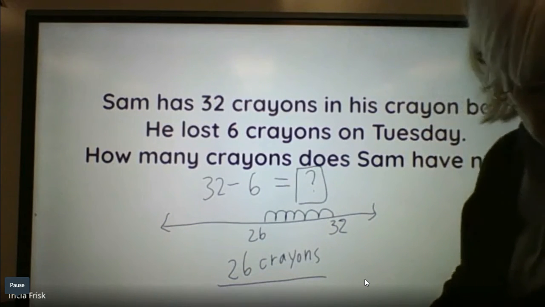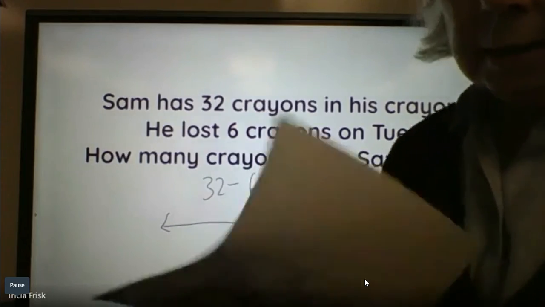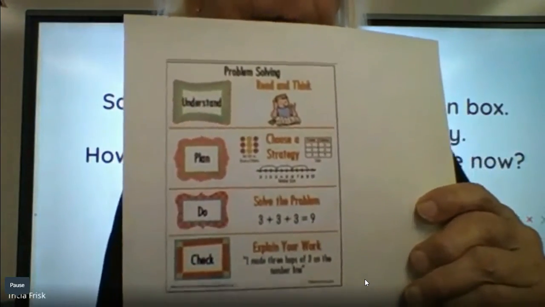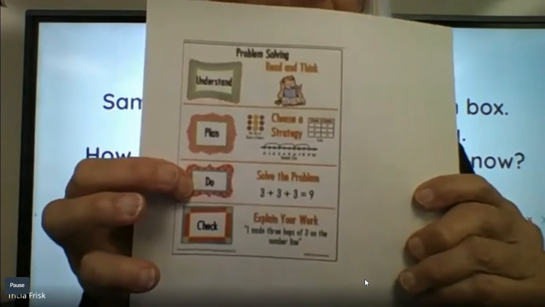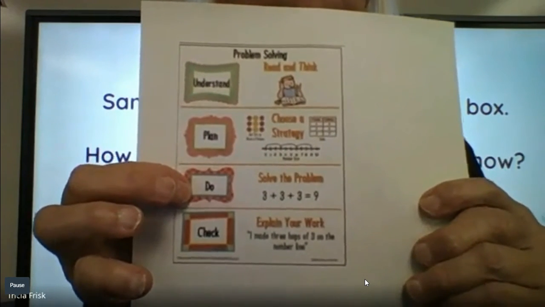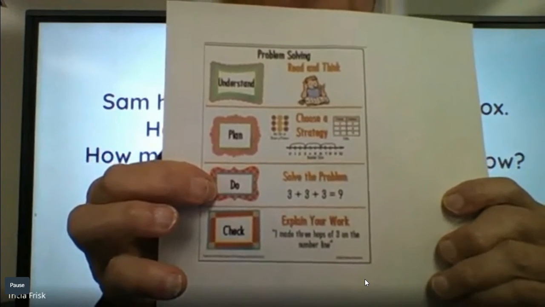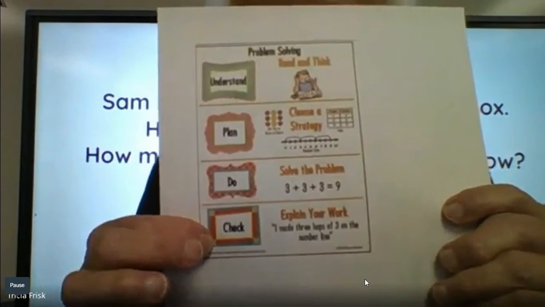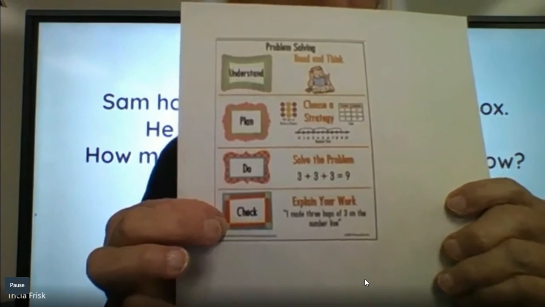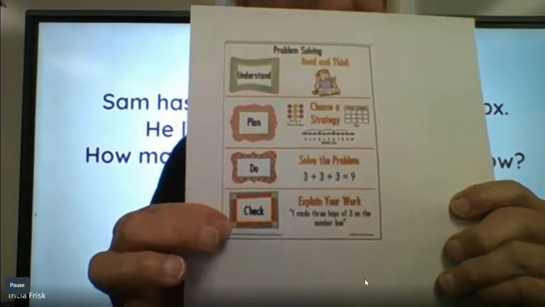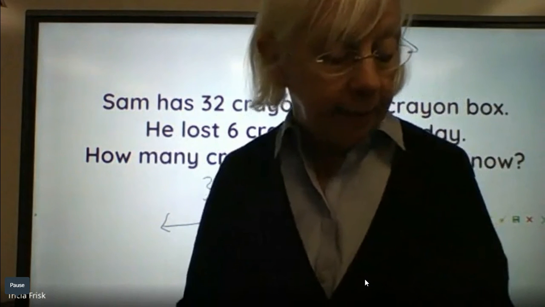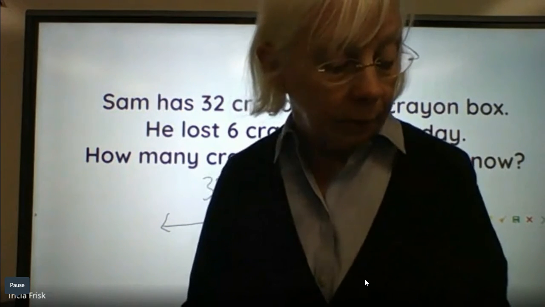I have solved the problem by understanding, planning how I'm going to solve it, doing it, the step after I plan. So I did it on my number line. And now I need to do one more step so that I understand everything about the problem. When I look at my work and explain it, that's called checking your work.